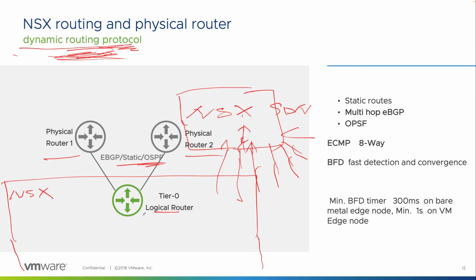I have a question for you here. When it comes to redundancy, you have to have at least 2, right? So that means we come up with another topic, which is HA of our logical routers. We'll talk about that a bit later.